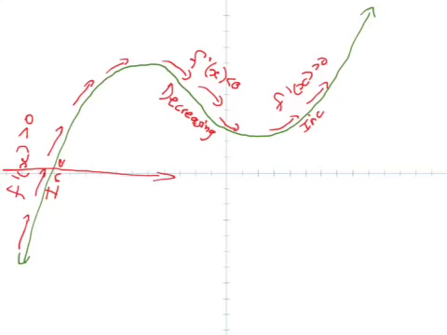And now logic would tell me that between bigger than naught and smaller than naught, or between smaller than naught and bigger than naught, I have a point here where my derivative has to be equal to naught.